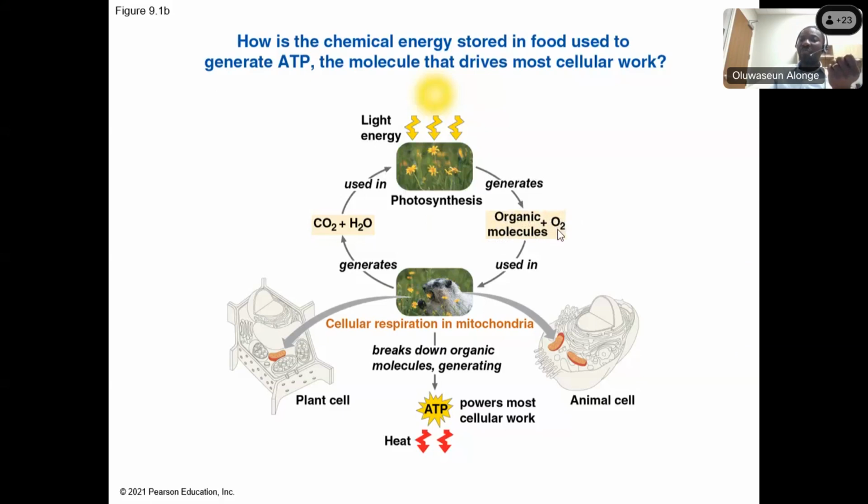You are then going to eat the food and breathe in the oxygen, and in that process generate ATP. Then you breathe out CO2, and the CO2 goes to the plant again, and the plant uses it to do photosynthesis. So it's a cycle.